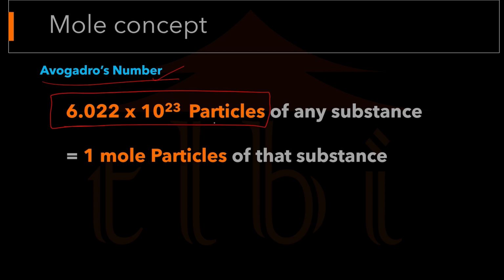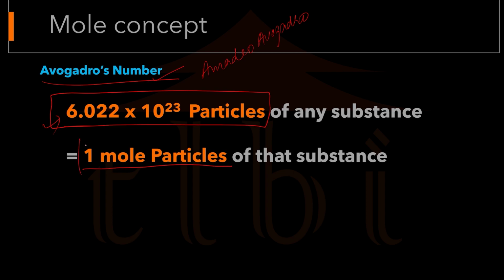By the way, this is based on a scientist called Amedeo Avogadro. That means if you have that many particles of any substance, then you will have 1 mole of particles.